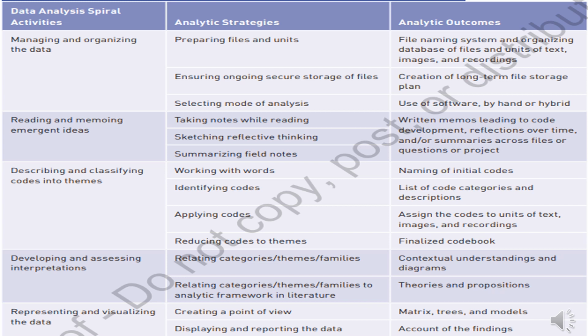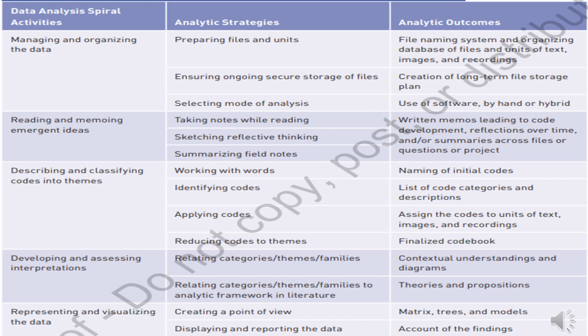What are its analytic strategies? First, you have to work with words: identifying codes, applying codes, and reducing codes to themes. The analytic outcomes should be naming of initial codes, a list of code categories and descriptions, assigning the codes to units of text, images, and recordings, and finalizing code books.